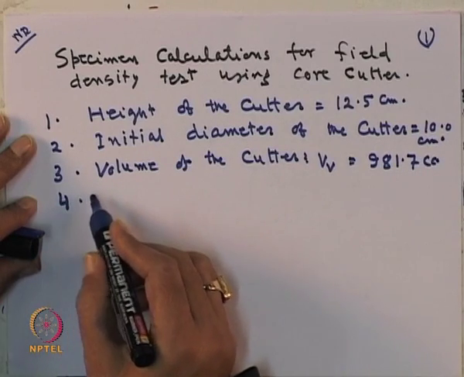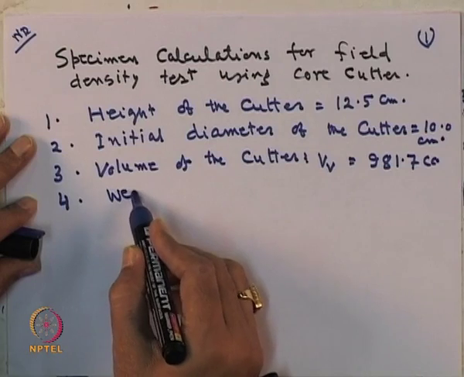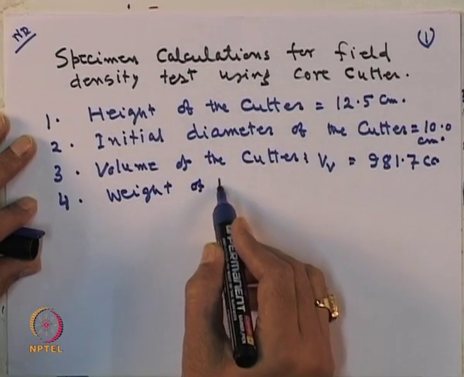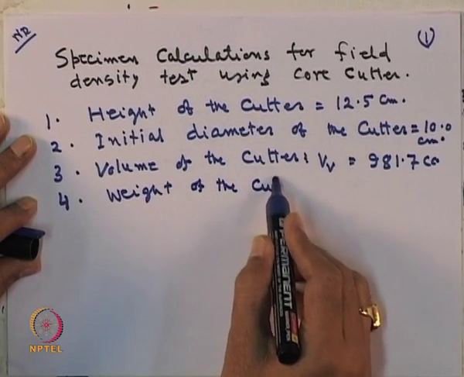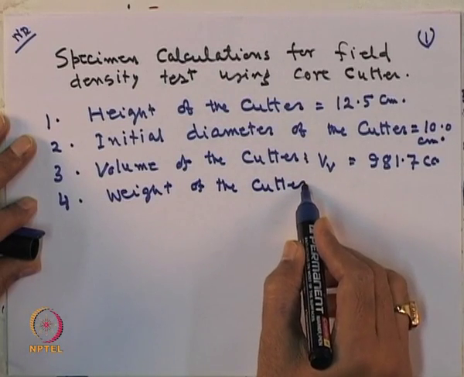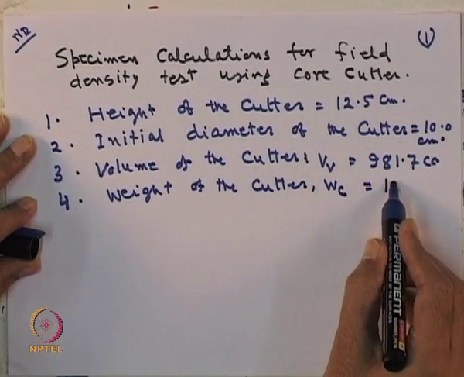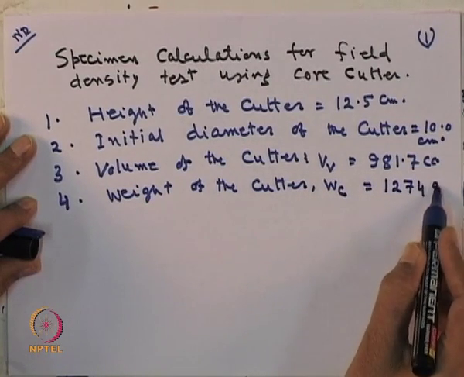Now, the weight of the cutter, that is WC, is equal to 1274 gram.